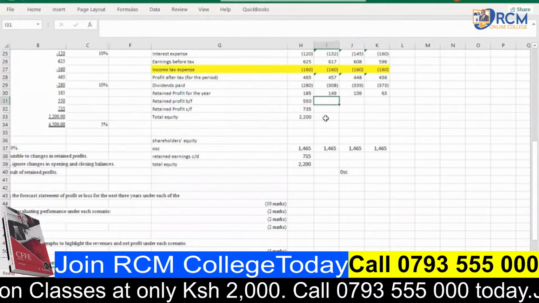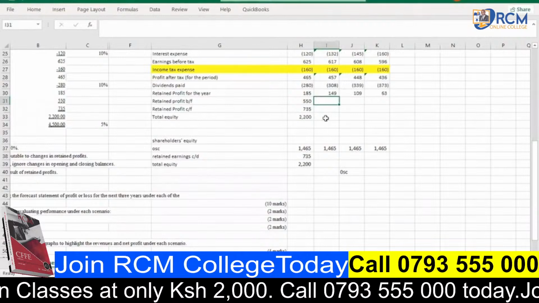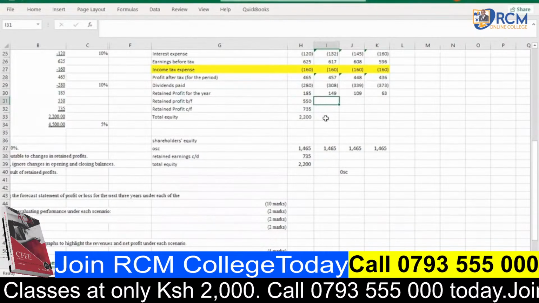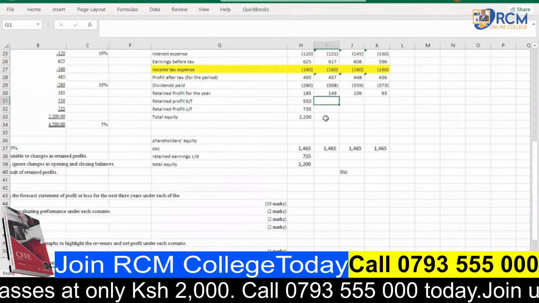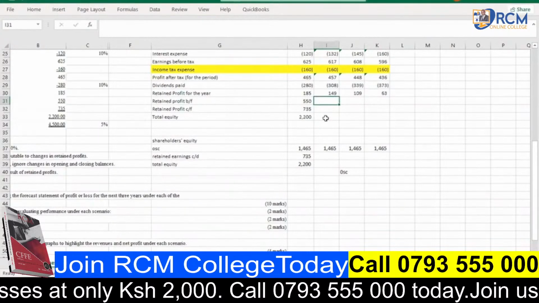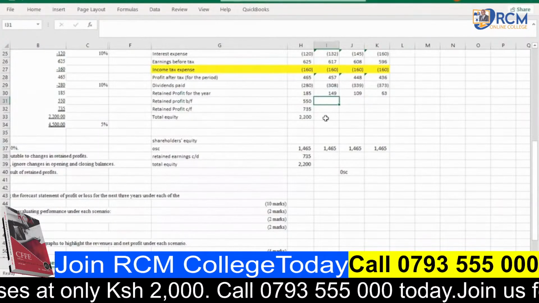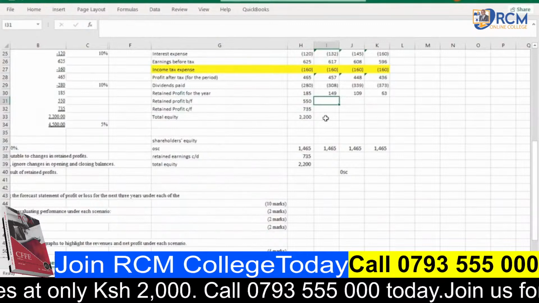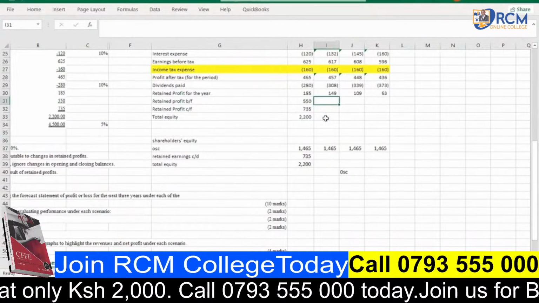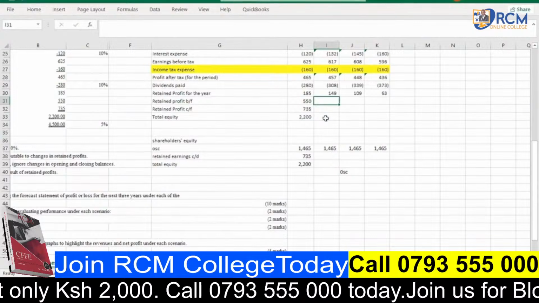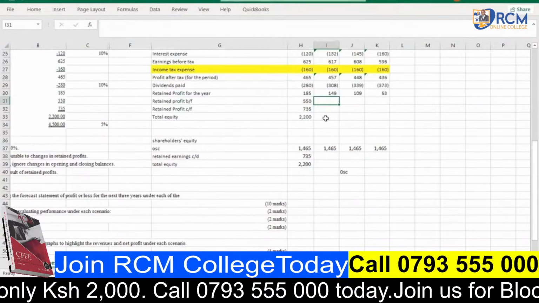Now someone should give us that figure if you have understood. 884, no, you are lying to me. The one who says 884 is lying to me. No. You don't even need to calculate that one, just type that one. Mwende, you have misled me, please.